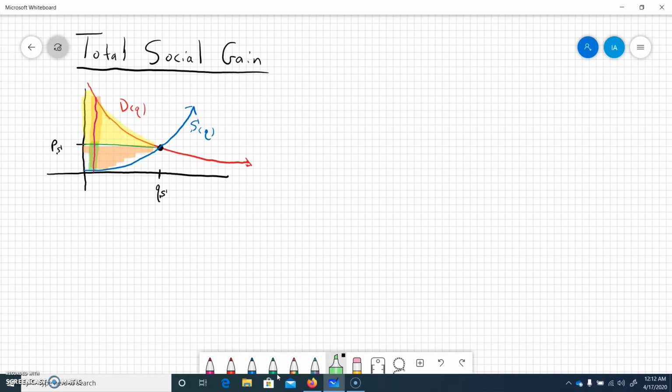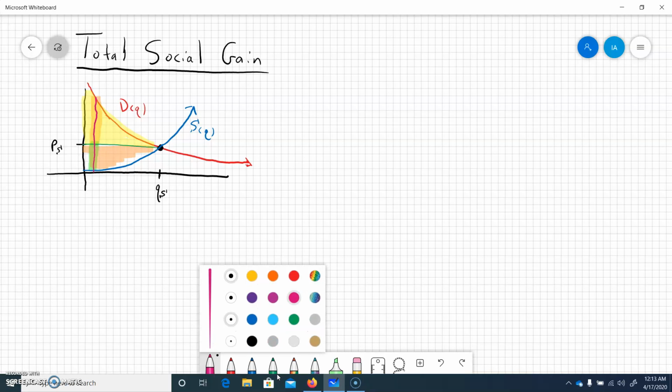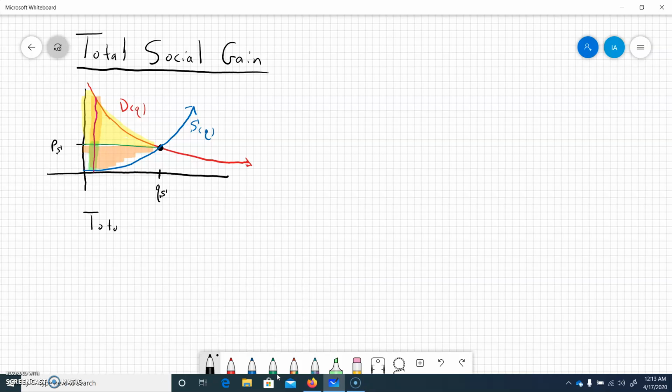And down here in the pink shaded region, this is money gained by the producer. So the consumer saves money and the producer gains money. So all of this is a win-win that is shaded. So if we take that, we will call that the total social gain.